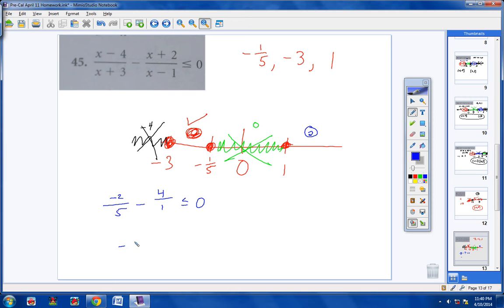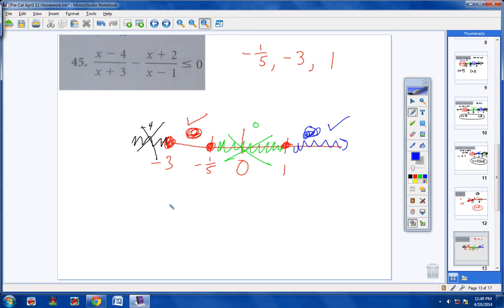We have a negative 2/5 minus, and of course if we got a common denominator it would be 20 over 5. That's going to give you a negative number like negative 22 over 5. And any negative number is less than 0. That's true. And so we know this section right here definitely works.